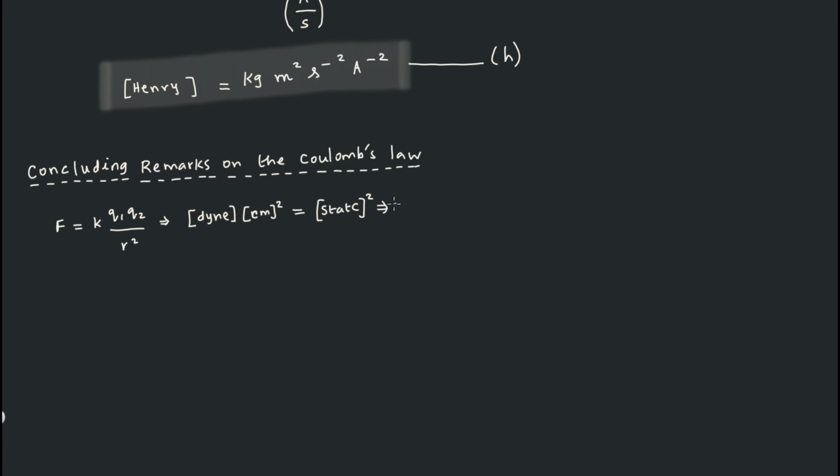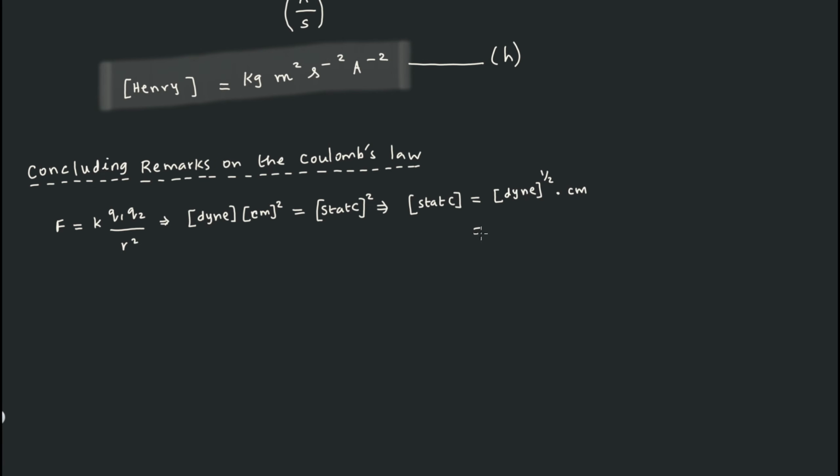So that gives you the dimensions of the stat coulomb in the CGS system is equal to the dyne to the power of half multiplied by the centimeter.